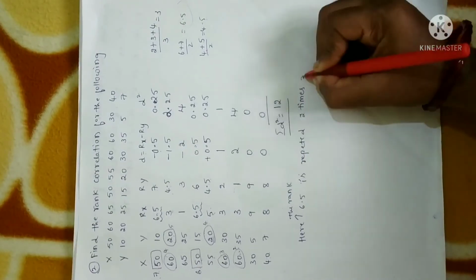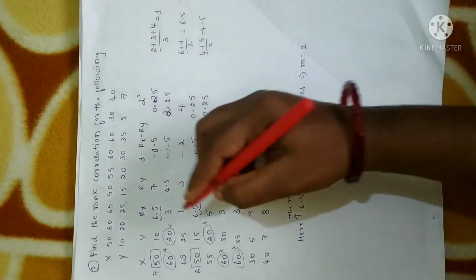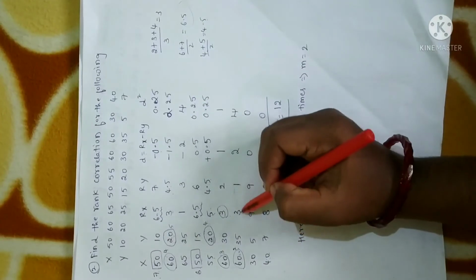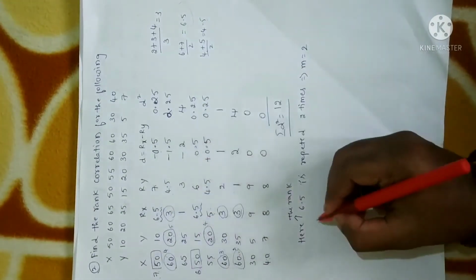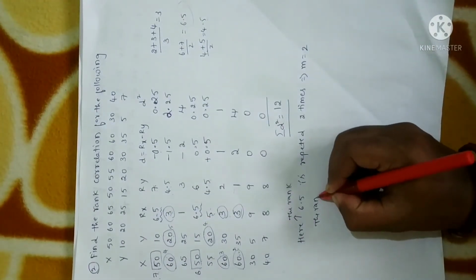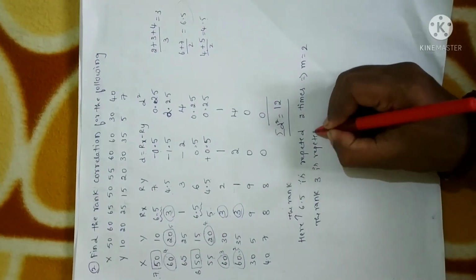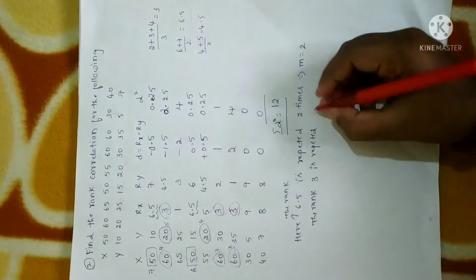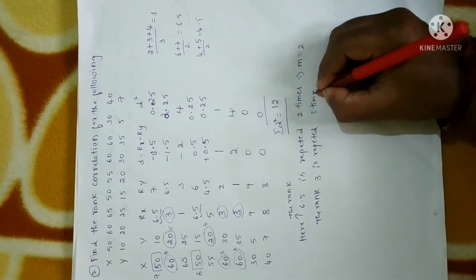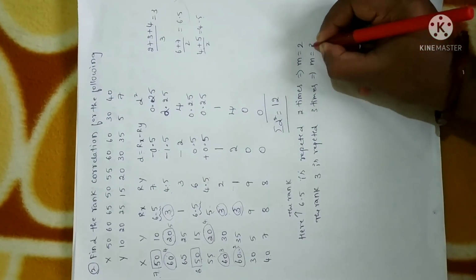So M is 2. Next, check for the next repeated value, 1, 2, 3. You have to write it in statement form. The rank 3 is repeated how many times? 1, 2, 3. 3 times. So the value of M should be taken as 3.